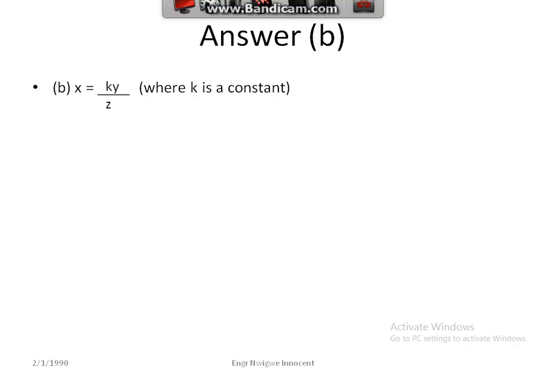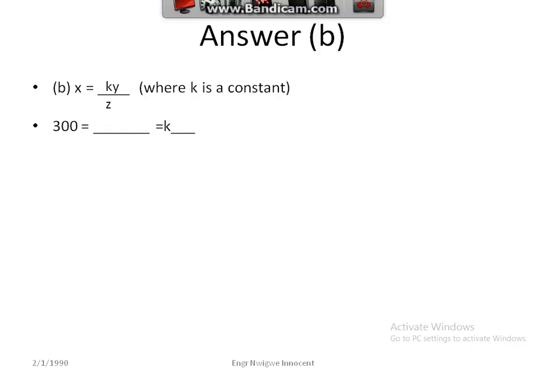If we are given that our x is 300, y is 65, z is 25, then we now have to find our constant k. Then we now substitute the values.